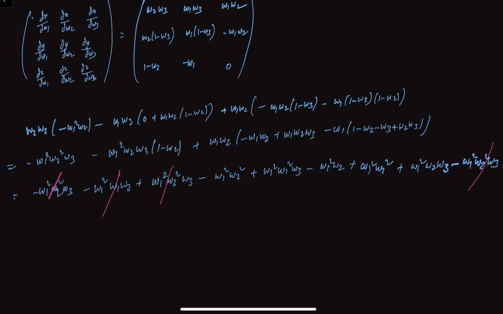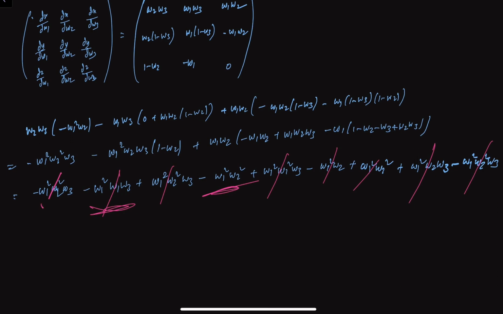Sorry, this won't cancel with this. The other terms will get cancelled with each other, and we'll be left with minus W1 square. Sorry, I don't think here we'll be getting this minus.